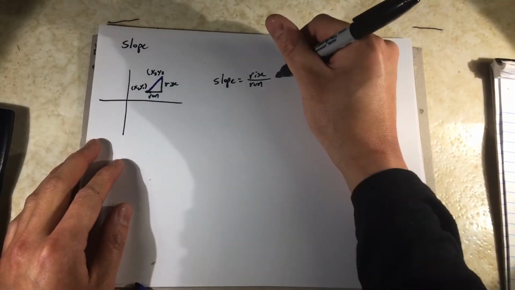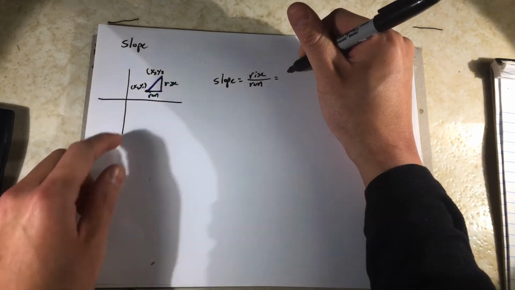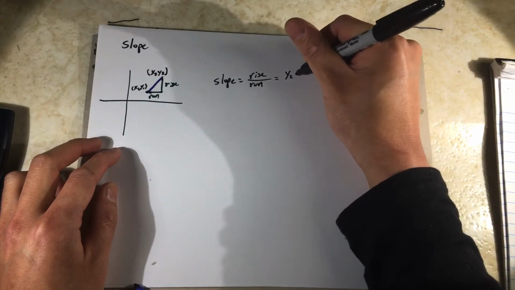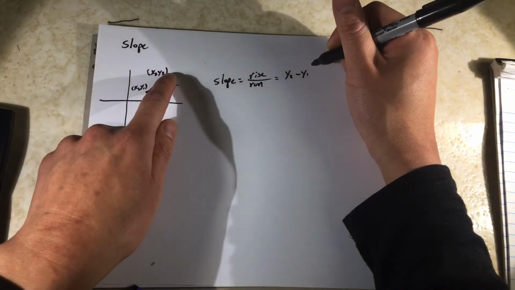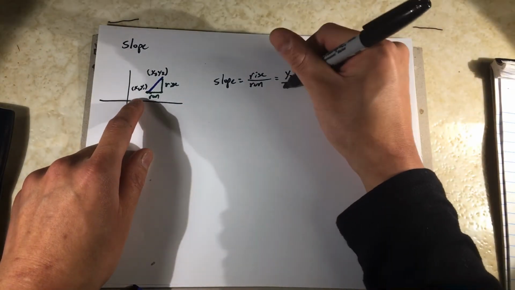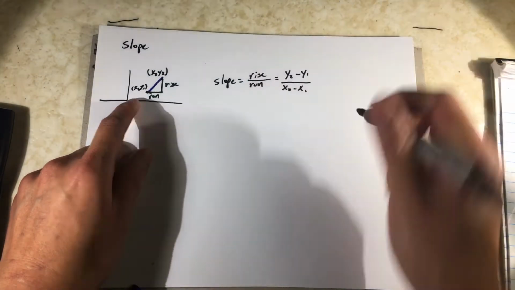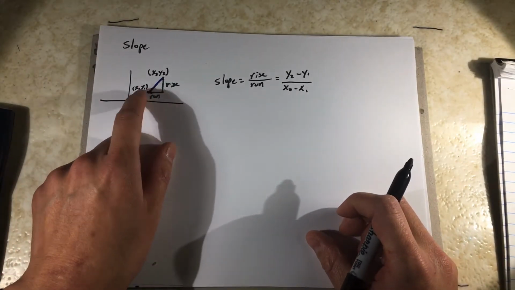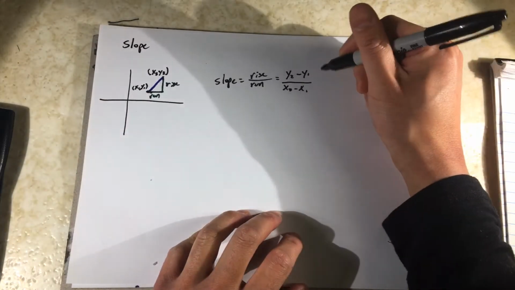And the rise basically is how much the y values change. I forgot parentheses here. So this would be y2 minus y1, the y value of this point minus the y value of this point, over x2 minus x1, the x value here minus the x value there.